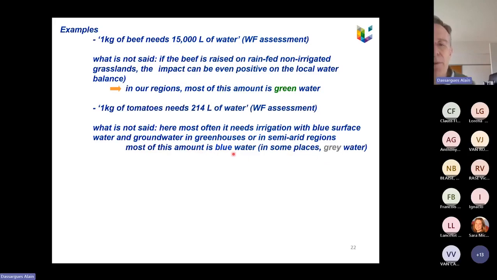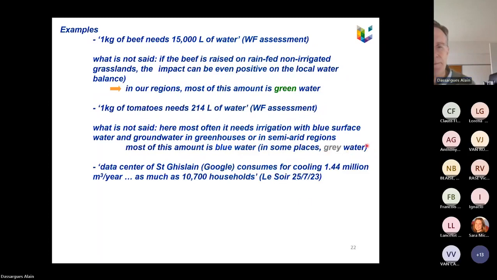But sometimes it is not only blue water which is consumed by greenhouses and in arid regions, it is sometimes gray water that can be consumed as well. So it could be in some places water that is reused or recycled.